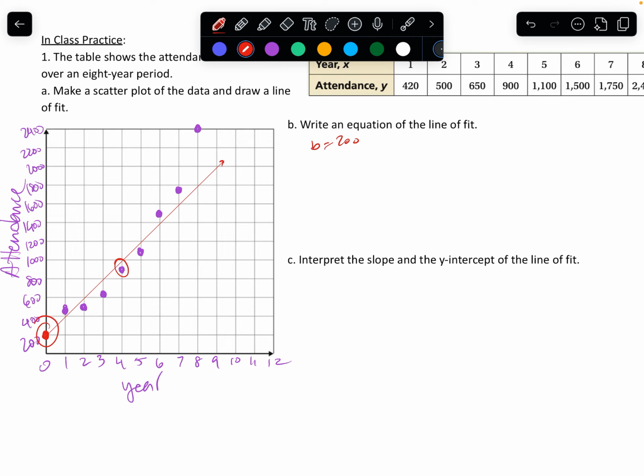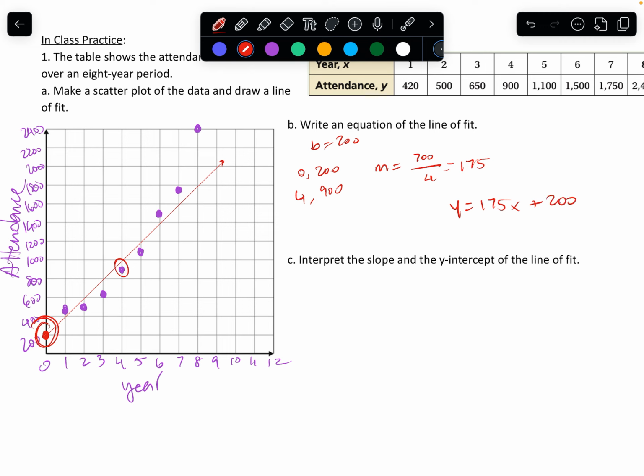So I'm going to do 0 comma 200 and 4 comma 900. So my slope is going to be 700 over 4. And if you do 700 divided by 4, you get roughly 175 as your slope. So y equals 175x plus 200.